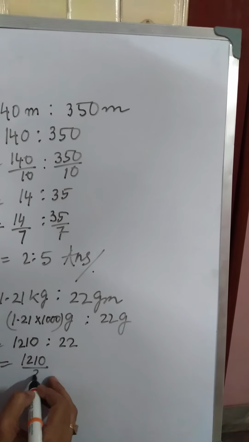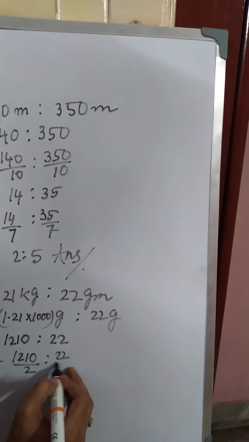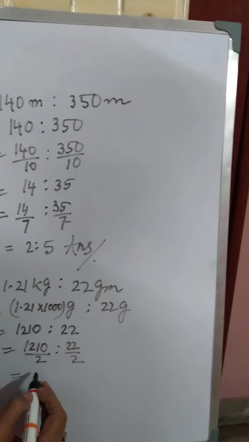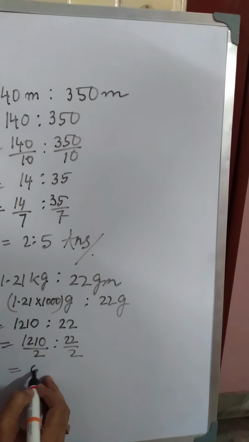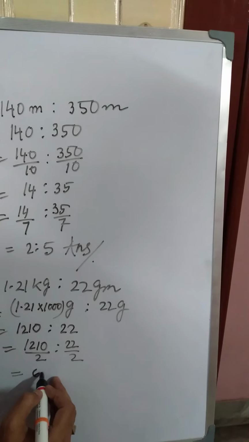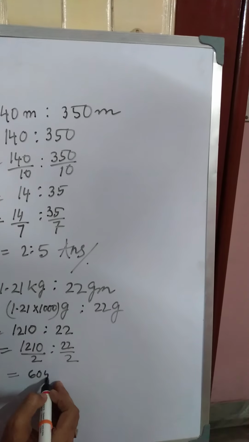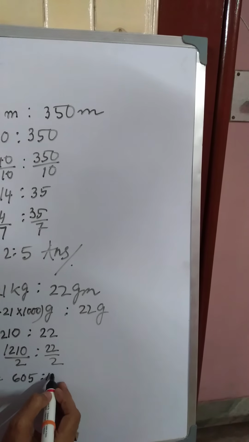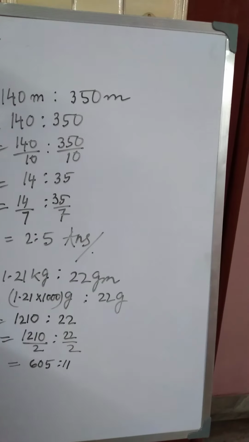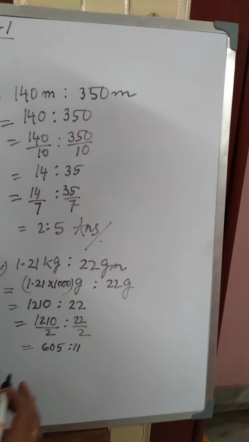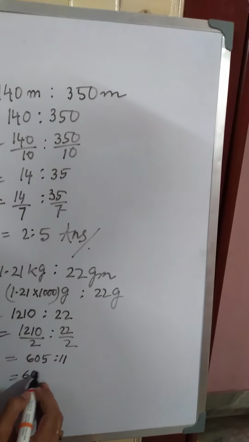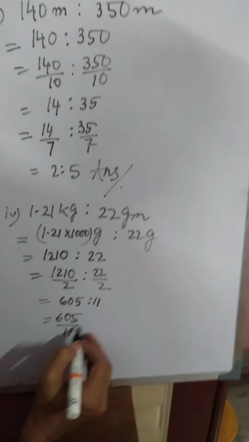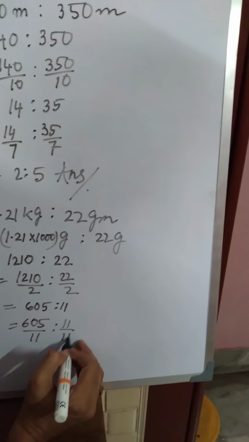Now 1210 is divisible by 2, and 22 is also divisible by 2. So it comes 605 and 11. So these two are also divisible by 11. 605 by 11.